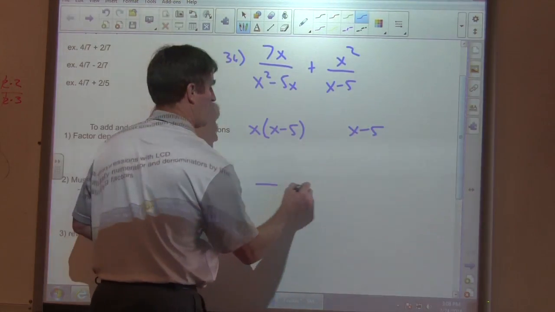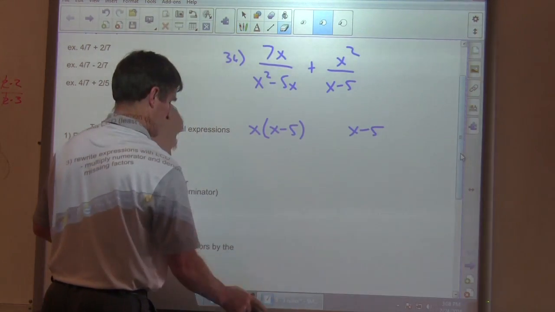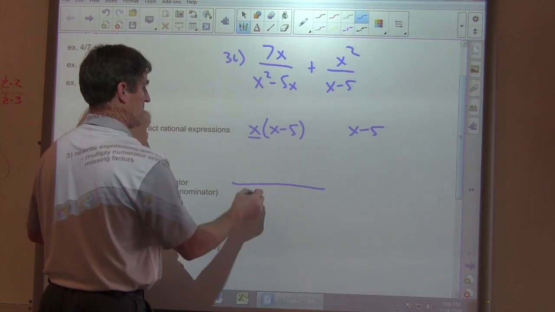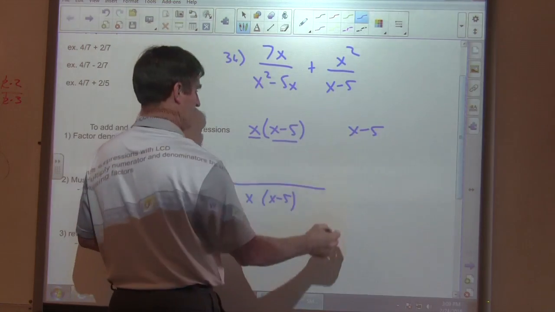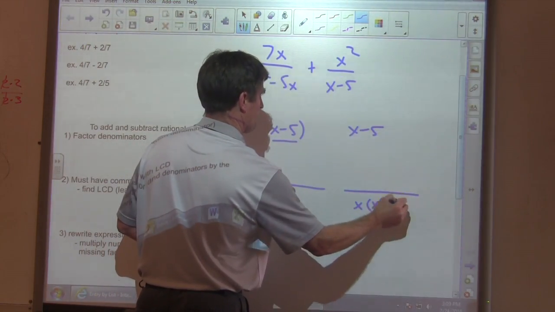So my common denominator, I need an x and I need an x minus 5. We have the x minus 5 there, so x times x minus 5.